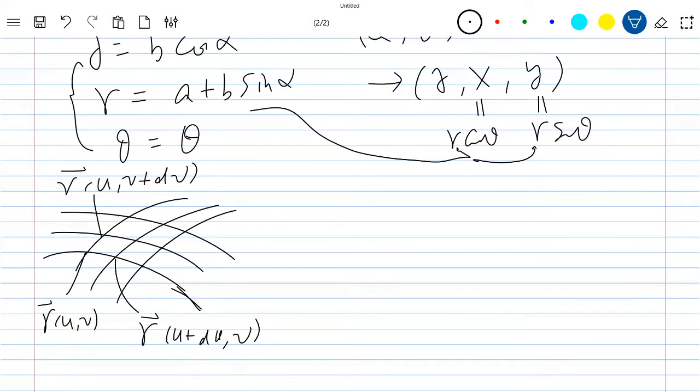So this is changing v, this is changing u, and this is changed both. So this will be r of u plus du and v plus dv.